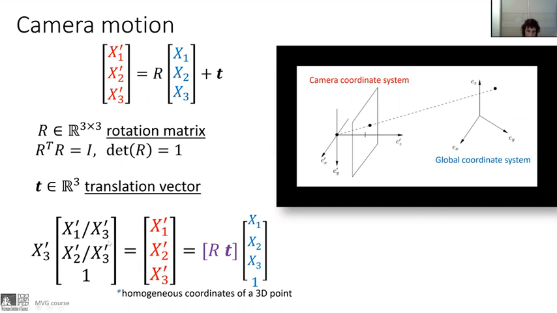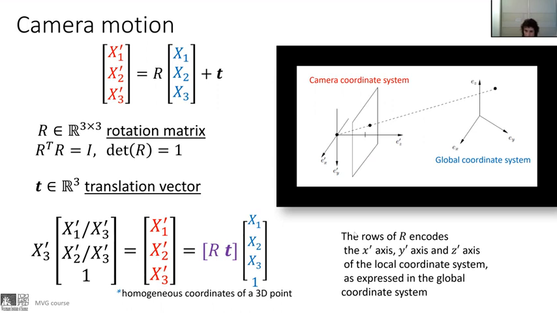But on the other hand, if you take out x3 prime, you get the projection of the point onto the image plane. So this result has two faces, like I would say in Hebrew. You get the values in the local coordinate system and also the projection of the point on the image plane.